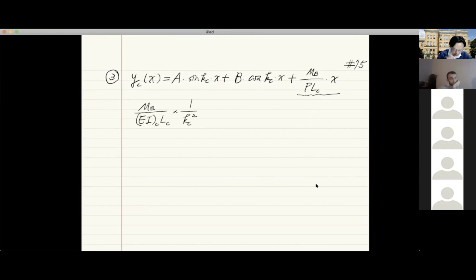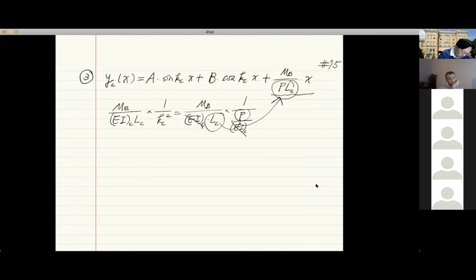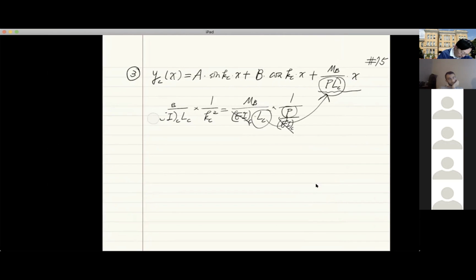This will become MB over EIc times Lc, and Kc squared is nothing but P over EIc. And EIc will cancel out. That's why in the result, we only have PLc here. We've been doing this many, many different times, and if that's not clear to you, refer to the past.